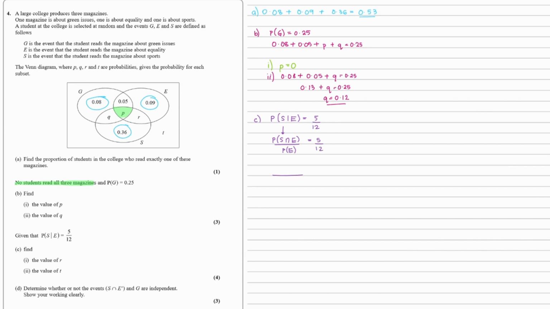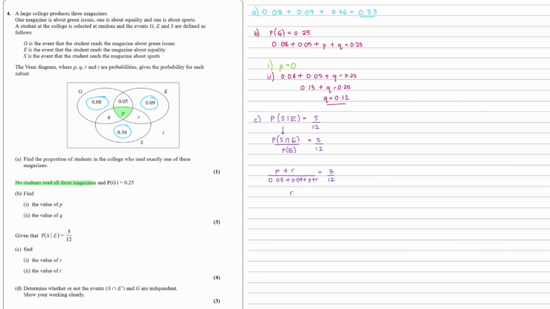So the probability of S intersecting E has to be P plus R, and the probability of E is 0.05 plus 0.09 plus P plus R, and this should be giving us 5 over 12.